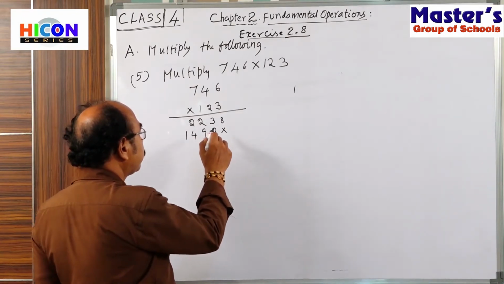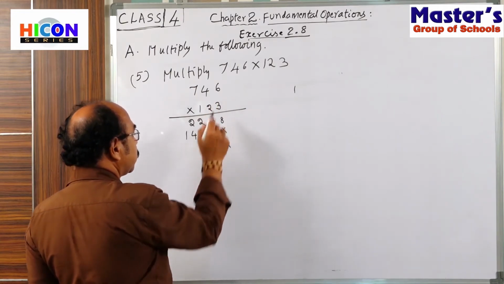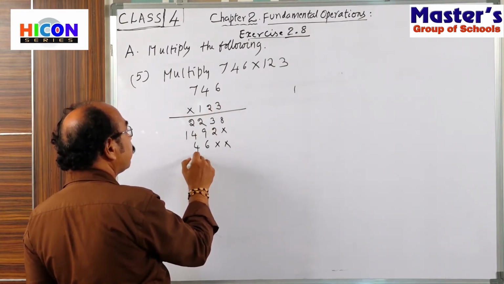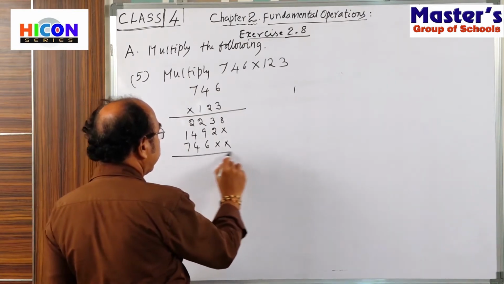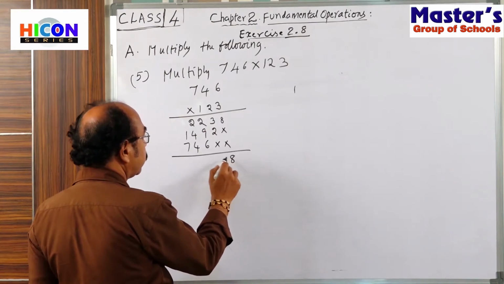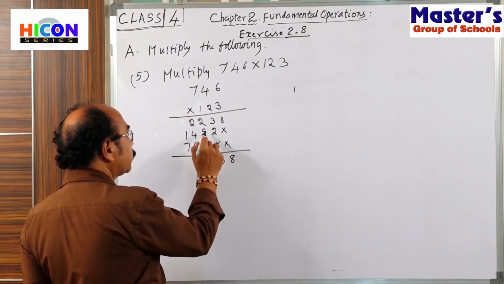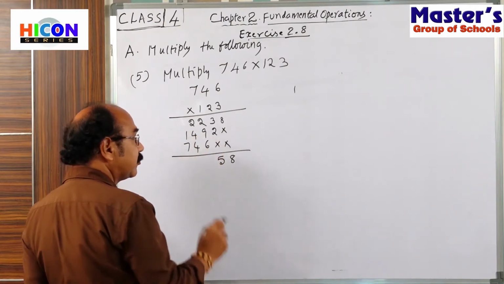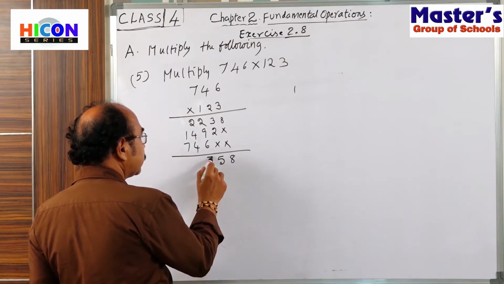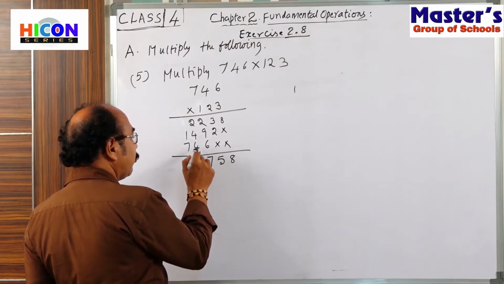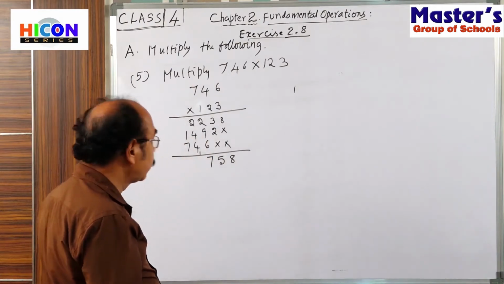Okay, now multiply with 1. 1 6 is 6. 1 4 is 4. 1 7 is 7. Add: 8. 3 plus 2, 5. Here 9 plus 2, 11, 11 plus 6, 17. 7 here, 1 carry, right? 4 plus 1, 5, 5 plus 4, 9, 9 plus 2, 11.